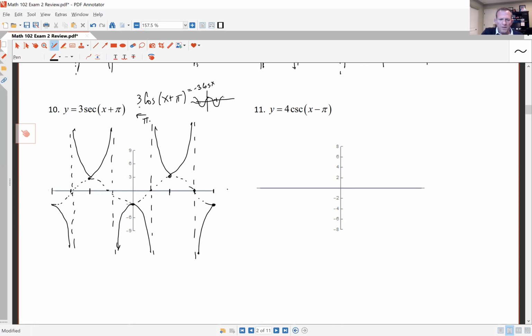We had the period of, sorry, period of 2 pi. And so this one's 2 pi. This one's pi. Pi over 2, 3 pi over 2. -2 pi, negative pi, negative pi over 2, -3 pi over 2.